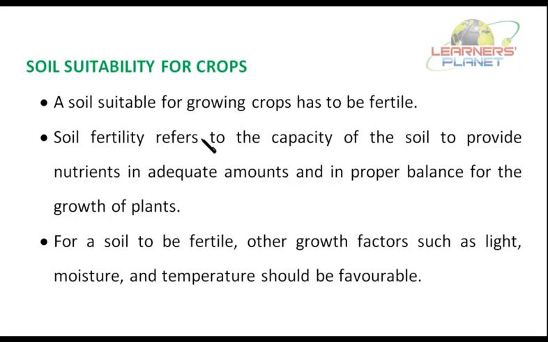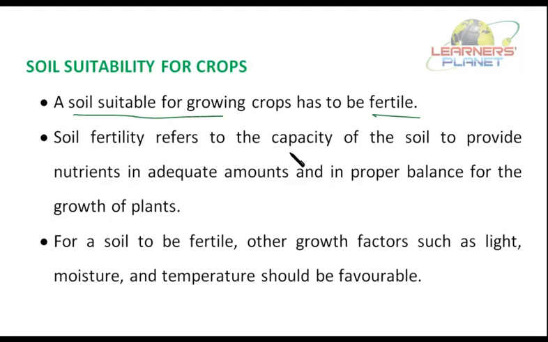There are many conditions because of which the soil suits crops. Not all crops can grow in one type of soil, and not all the types of soil can be favorable for all the types of crops. So, a soil which is suitable for growing crops has to be fertile. This is the first condition of suitability for crops.